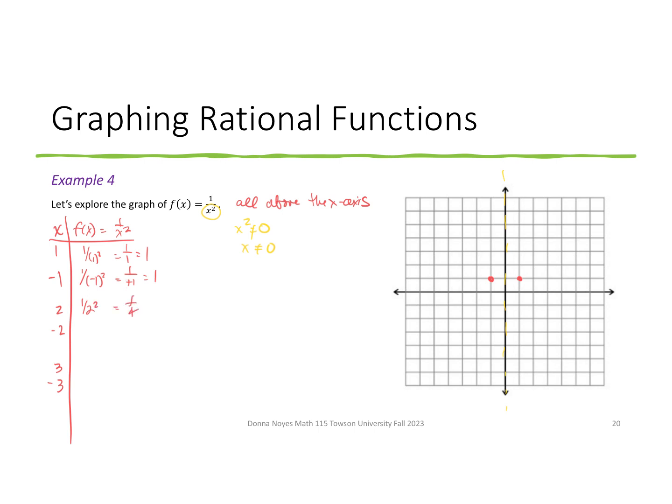So 2, 1/4. Okay, what about negative 2? Well, that's 1 over negative 2 squared, which is still 1 over 4. So negative 2, it's also 1/4. Well, isn't this interesting? It looks like we have a function that's symmetric about the y-axis. Well, that makes sense since we have a square.